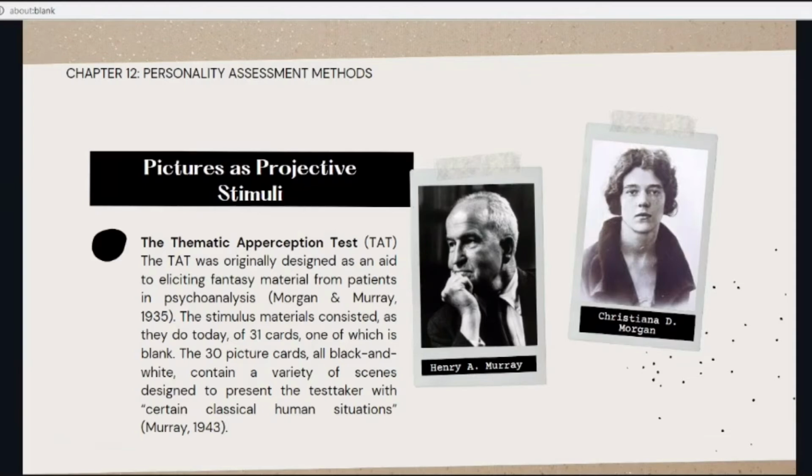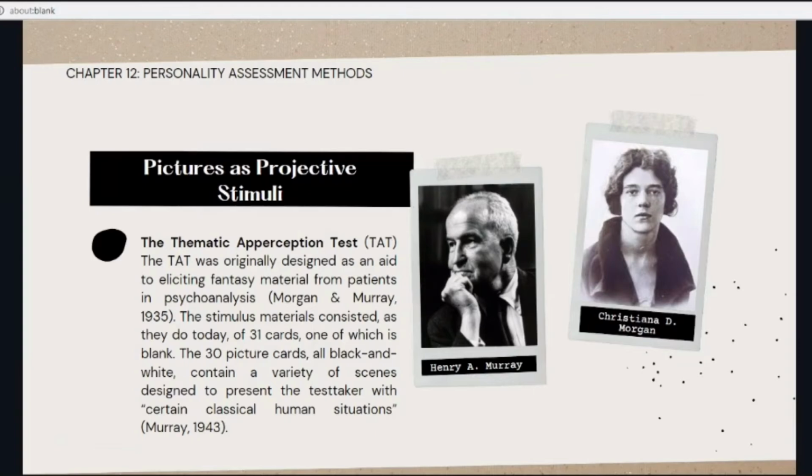So in this, the test taker will be shown a picture and will be asked by the examiner to form a story depending on the picture that is shown to them. So on the cards or in the pictures, some of them contain one individual, some contain a group of people, and some contain no people at all, or blank lang iyahang card.